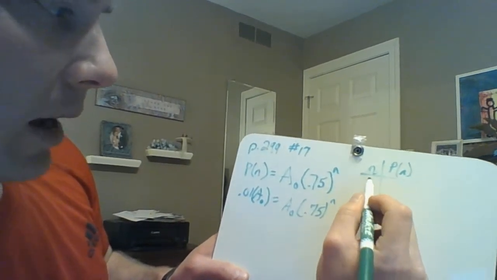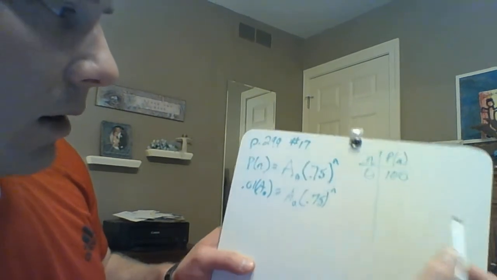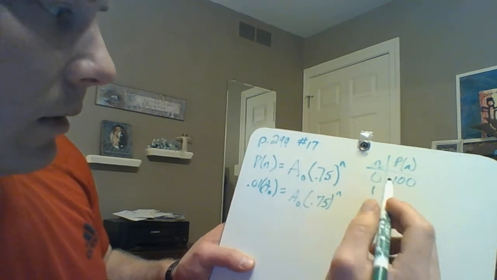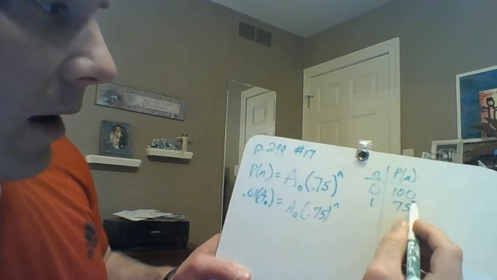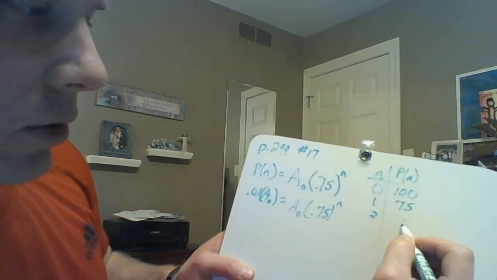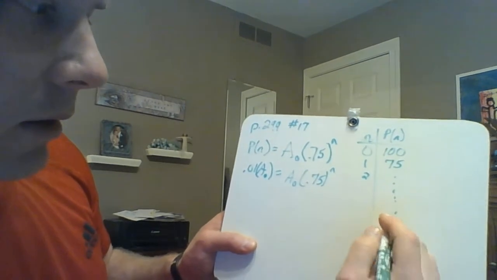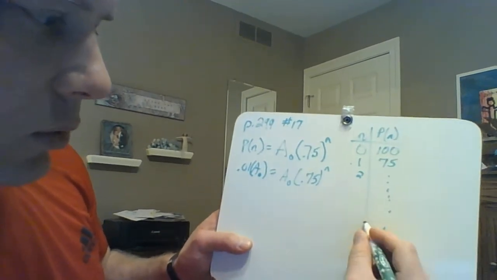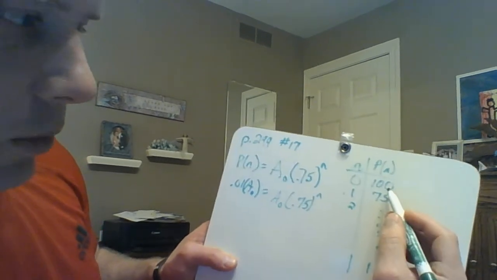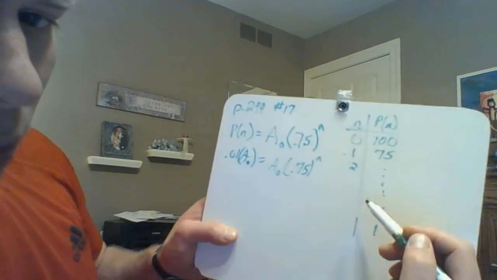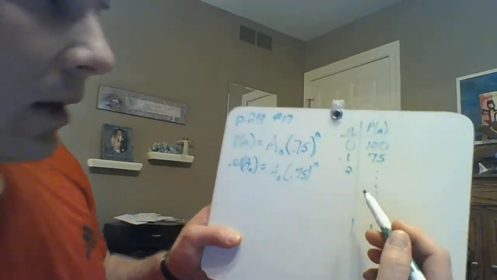So when n was 0, this started out as 100. When it was 1, then you were down to 75. When it was 2, and you could just keep working down until you got to 1, because that would be 1% of 100.